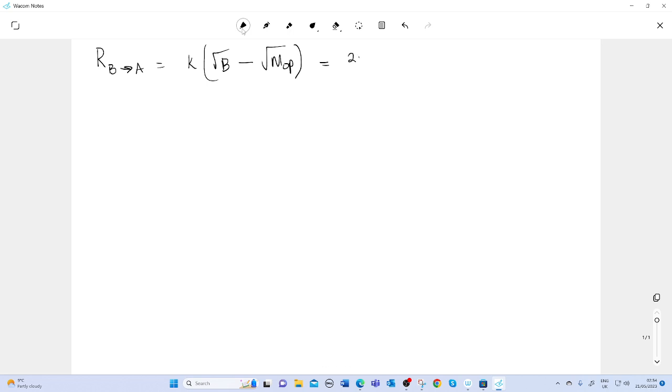Which is 2.97 times 10 raised to power 5, into bracket the root of MB minus the root of MOP.